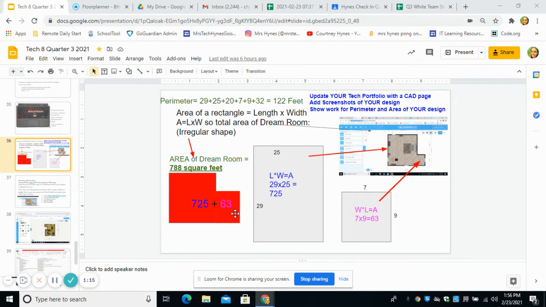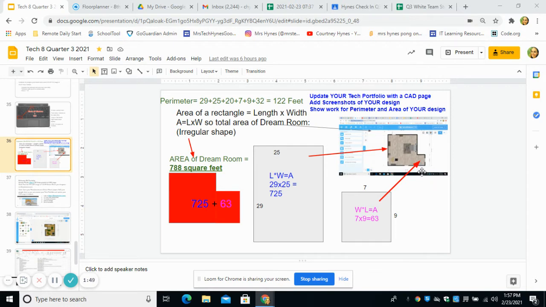So to find the area of a rectangle, this is the formula right here. Area equals length times width. If you have a simple shape, like a rectangle, you simply find the dimension of one side, the dimension of the other, and multiply them together. Now, that's all fine and well, but if you have an irregular shape, meaning it's not a perfect rectangle, you might have to add the areas of two smaller rectangles together to figure out the area of your actual space.